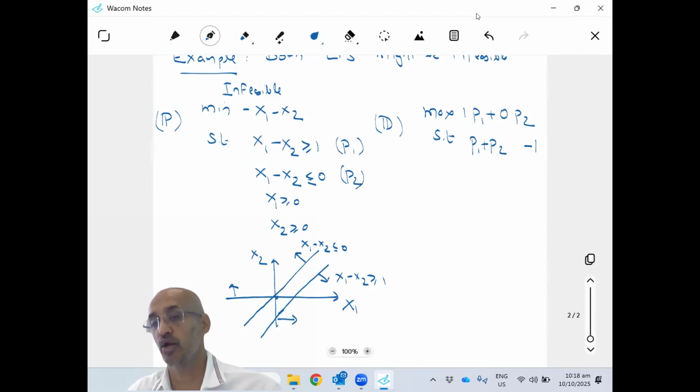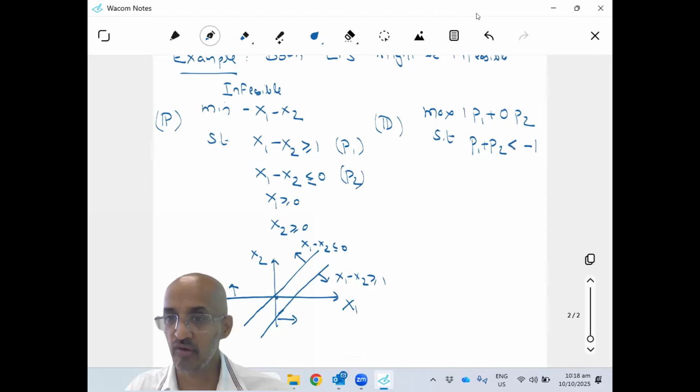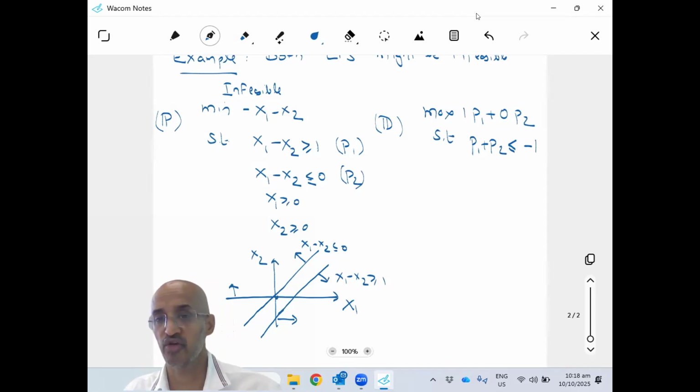I need to figure out the sign. If you look at the table, because in a minimization problem the variable is non-negative, in the maximization the constraint will be less than or equal. Likewise, for the x2 variable the coefficients are minus 1, minus 1, so it's minus P1 minus P2, compared to minus 1. But because x2 is non-negative, this should go this way.